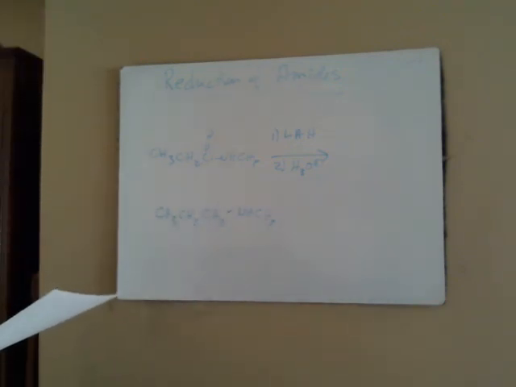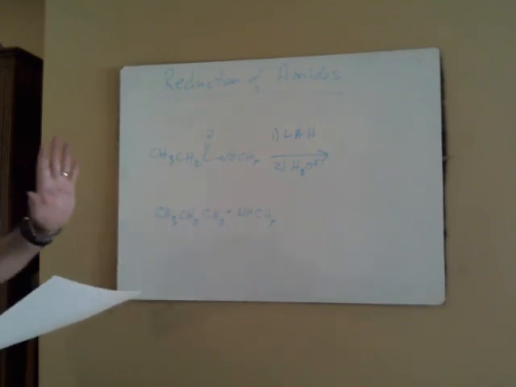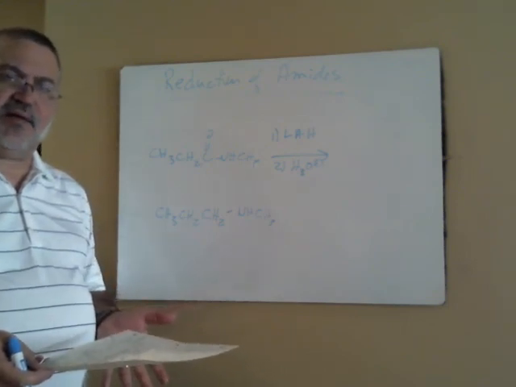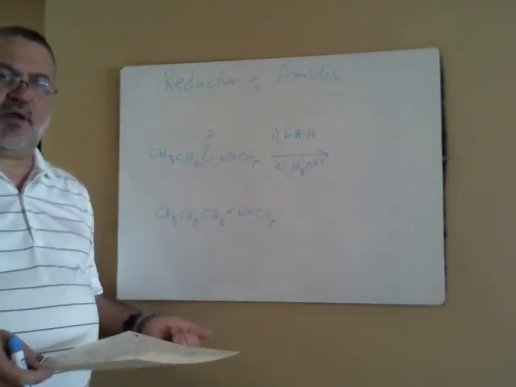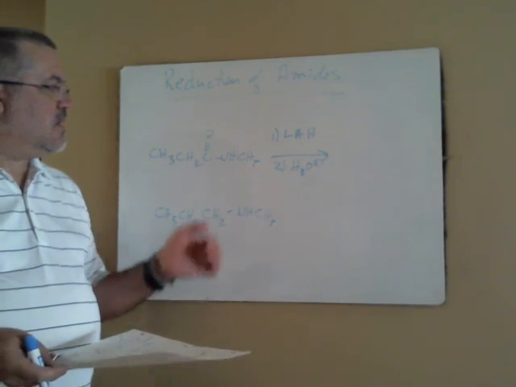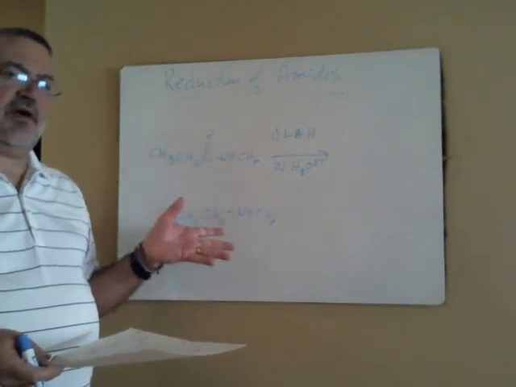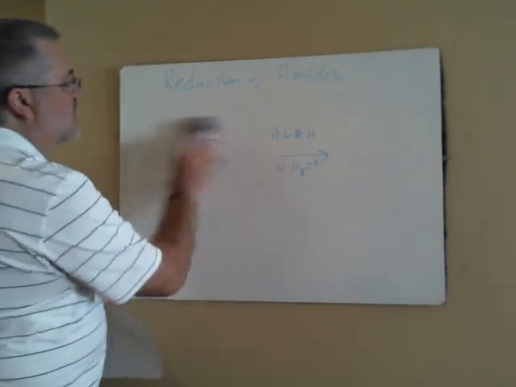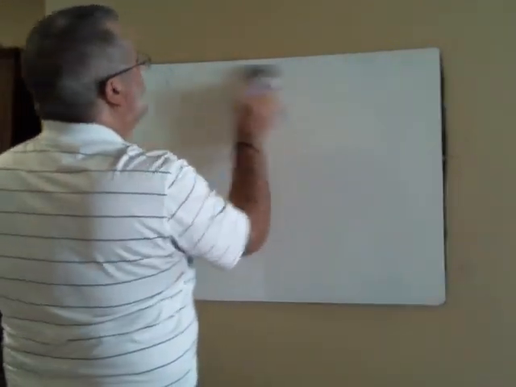Okay? So different result. Well, if there's a different result, there must be a way of explaining it. And what would explain the difference in this reduction? You're right, it would be the mechanism. So let's look at the mechanism of this.